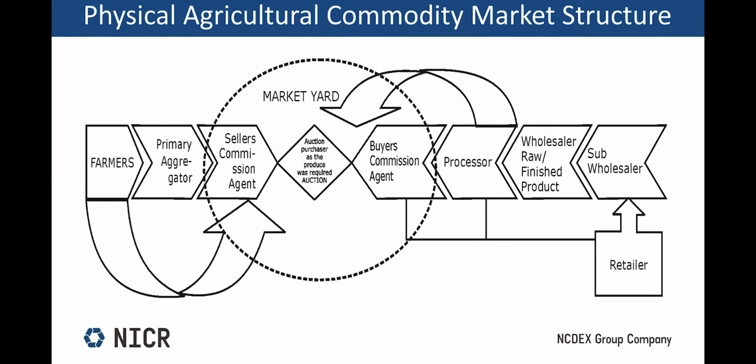So we also need to understand the physical market before we go ahead with the futures market. And I'm sure you are all aware the agricultural commodity market is reasonably long in its chain. There are a lot of links in between, and it's reasonably complex in nature.